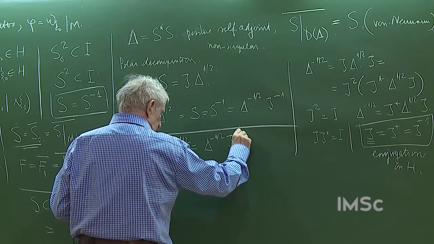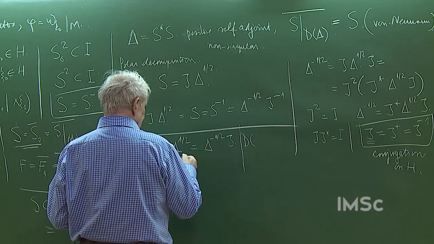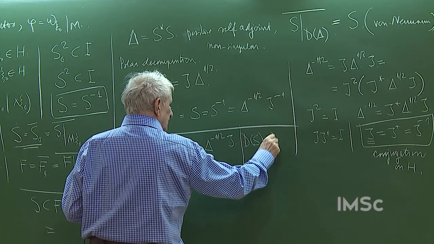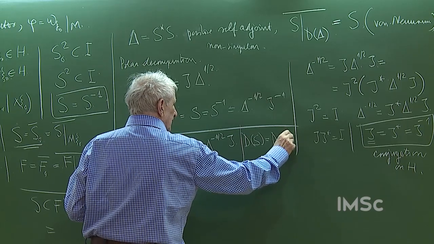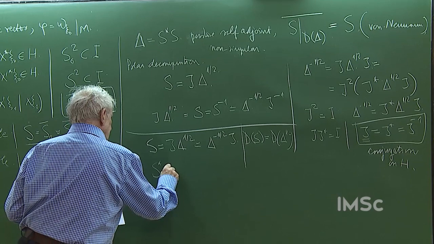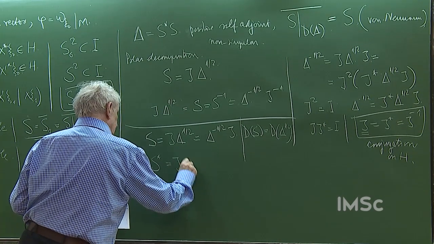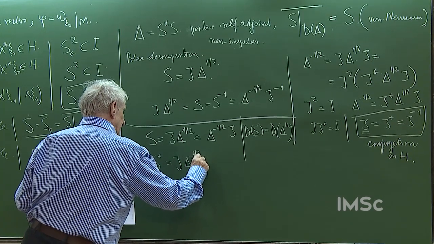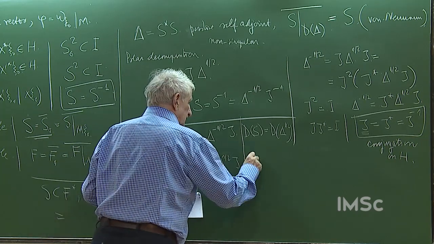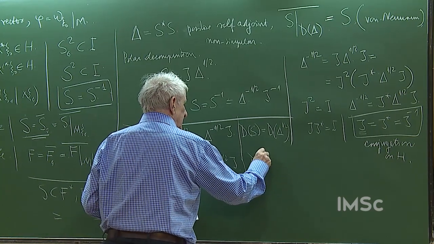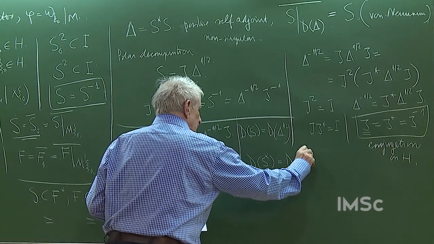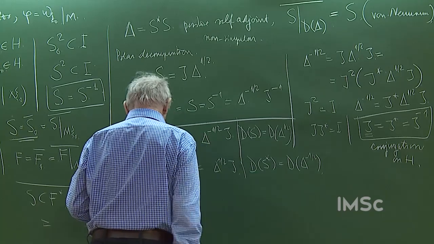It's important to notice that in this, the domain of S is equal to the domain of Δ^(1/2). S*, the same way, is JΔ^(-1/2), which is Δ^(1/2)J, and the domain of S* is equal to the domain of Δ^(-1/2).